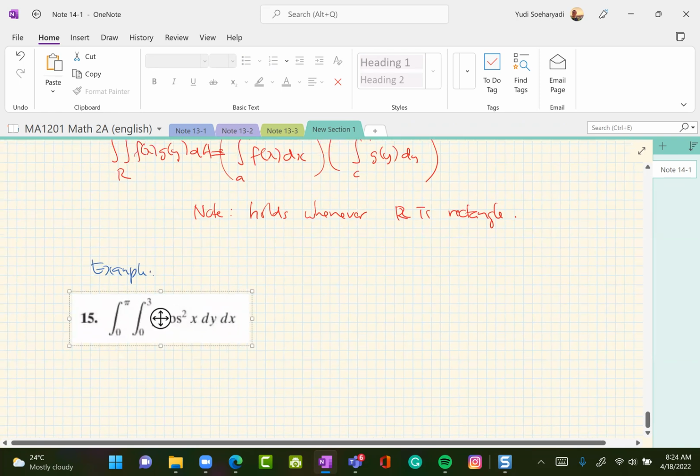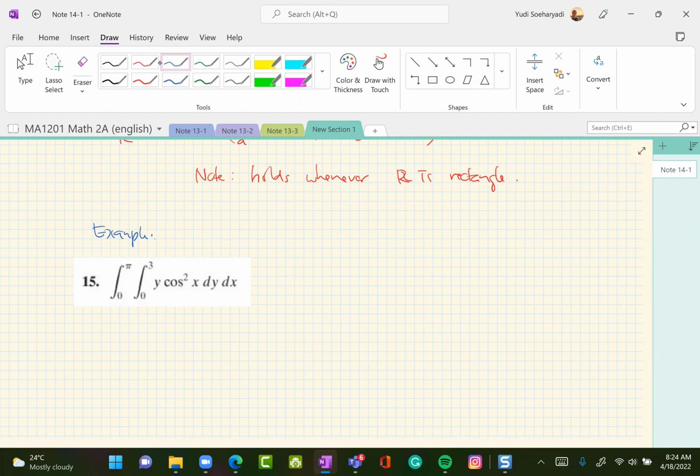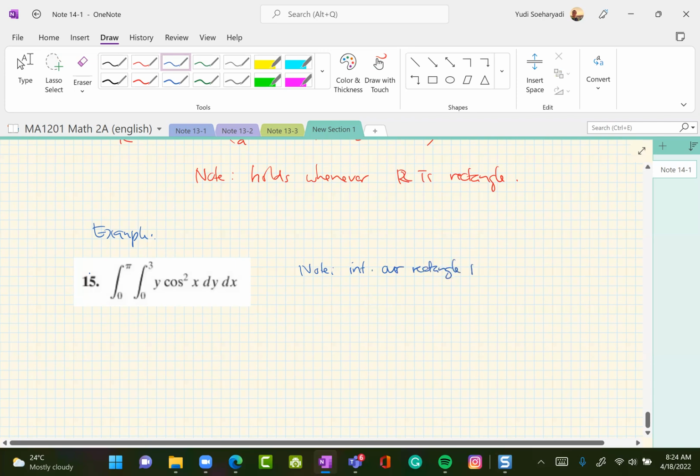Okay, so this is an integral over a rectangle. Let's take a note first. Here R is a rectangle.